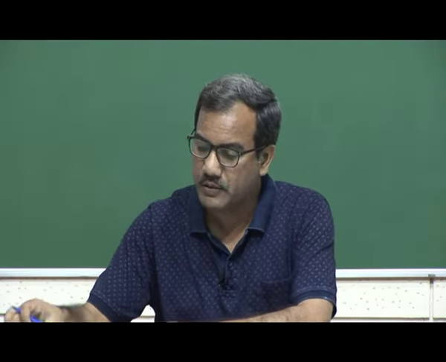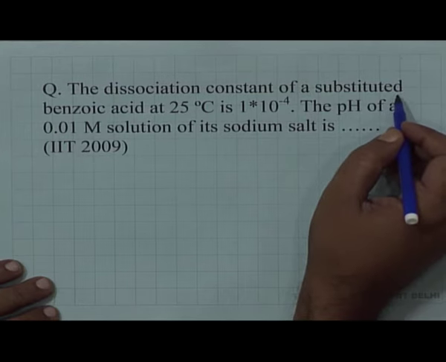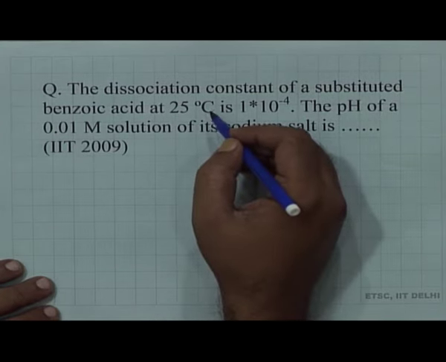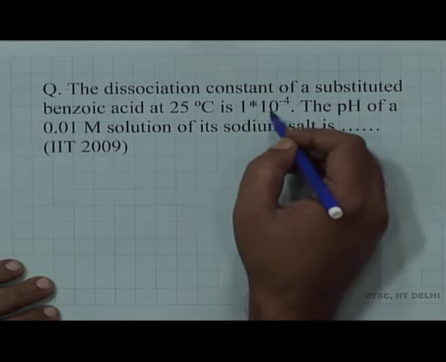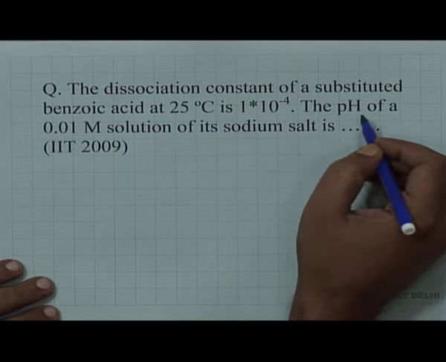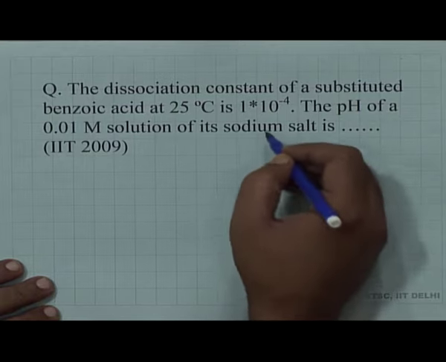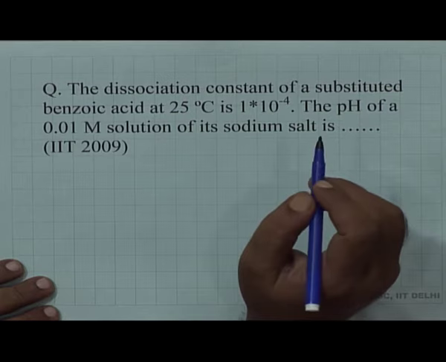Next question is this: the dissociation constant of a substituted benzoic acid at 25 degrees Celsius is 1 into 10 to the power minus 4. The pH of a 0.01 molar solution of its sodium salt is.